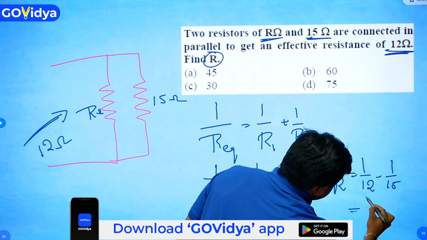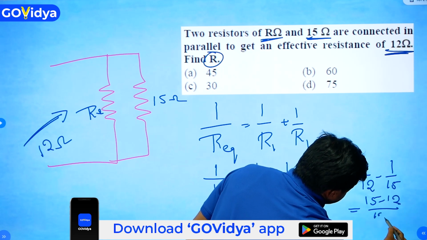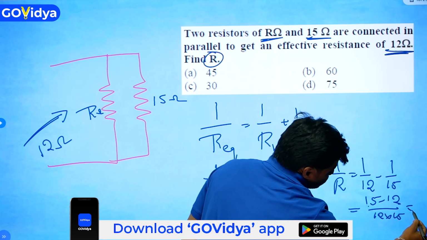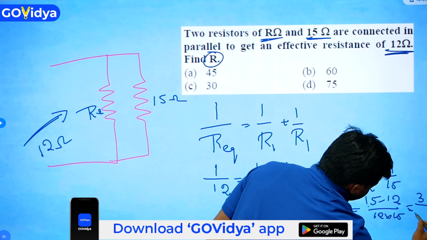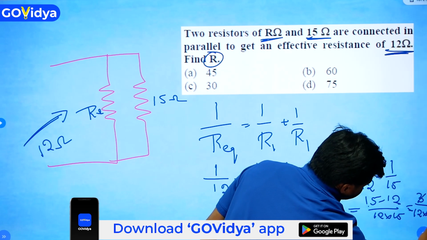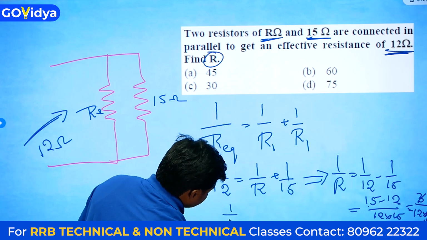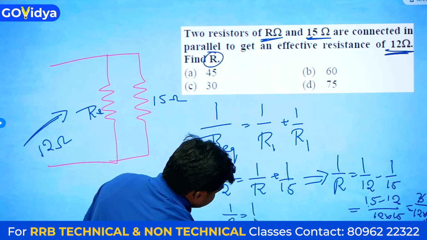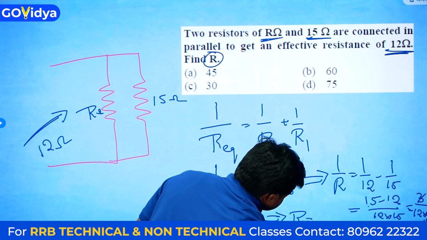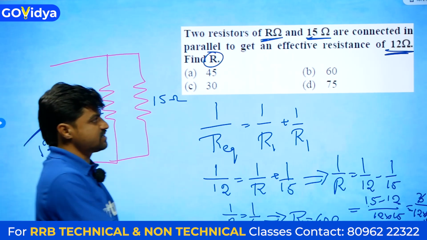That is 15 minus 12 by 12 into 15, which is 3 by 12 into 15. 3 ones are 3, 3 fives are 15, so 12 into 5 is 60. So 1 by R is equal to 1 by 60. From here we get R equal to 60 ohms. From the options, option B is the correct answer.